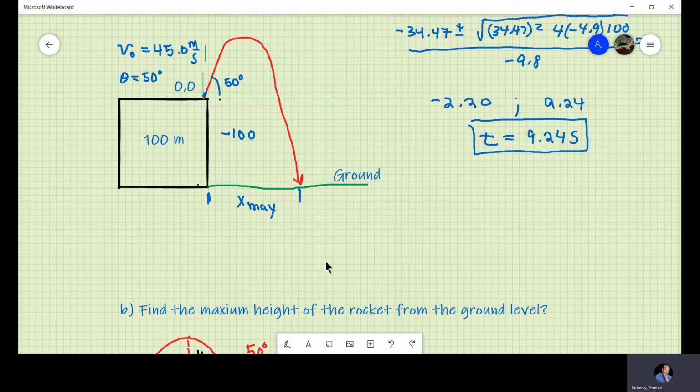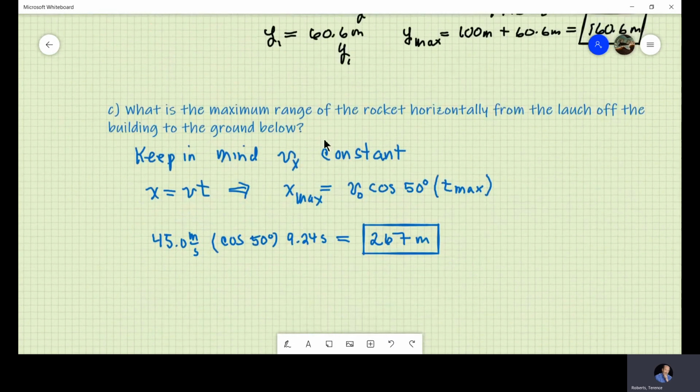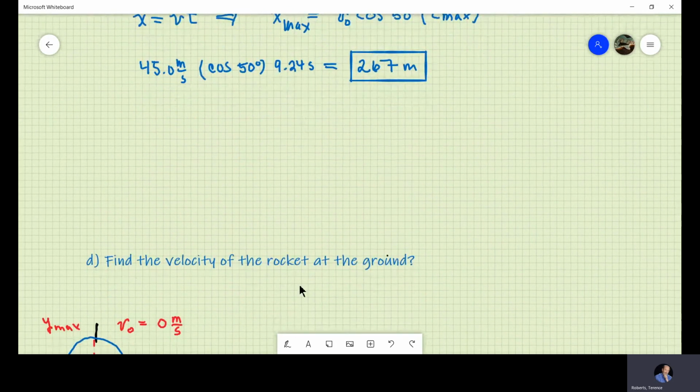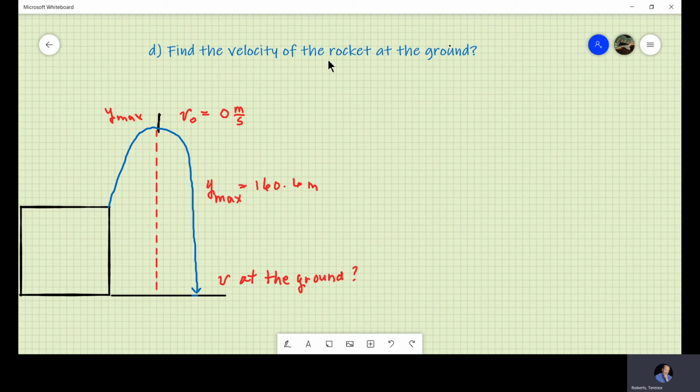Okay, let's do the last part of this problem. That is to find the velocity of the rocket at the ground. There's a couple ways to do this. I'm going to show you the easiest way.